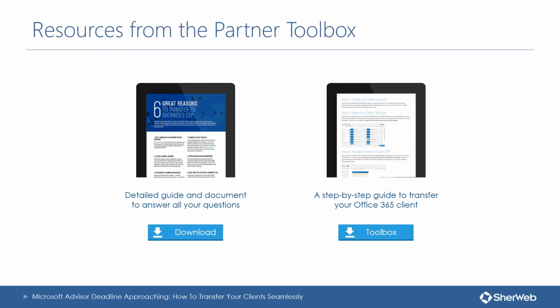One other question that comes up often is that some of the partners or potential partners were reluctant to change their licenses over because they thought they would lose their action packs, their recognition, and all the incentives they get from Microsoft for having a certain volume. Well, the good news is that you do not lose anything by switching over to SherWeb.